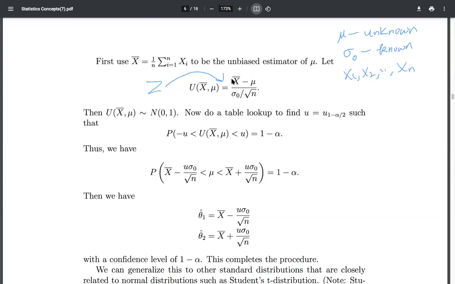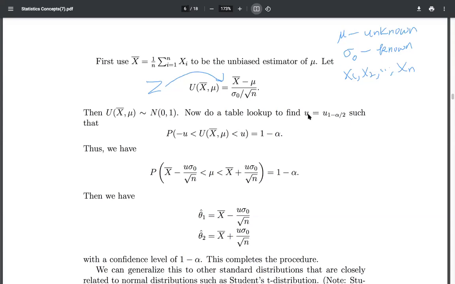So I can compute this from the sample. Mu is what I want to estimate. I want to estimate a confidence interval for mu, and sigma star is known, n is known. So I compute this. Then I want to set a confidence level.